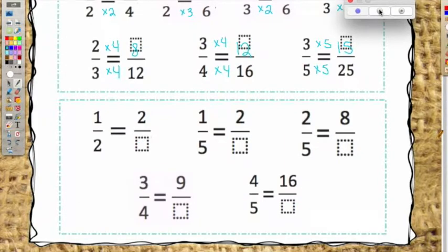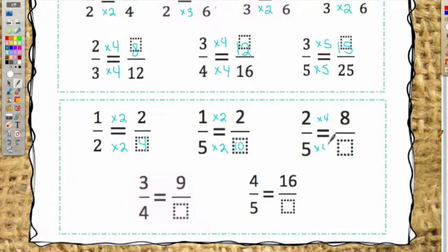Okay, so now that you had a chance to figure those out, tell me the answers as a class as we go through. 1 times what? 2. So 2 times 2. 4. And don't answer before I'm finished asking. 1 times 2. So 5 times 2. 10. 2 times 4.